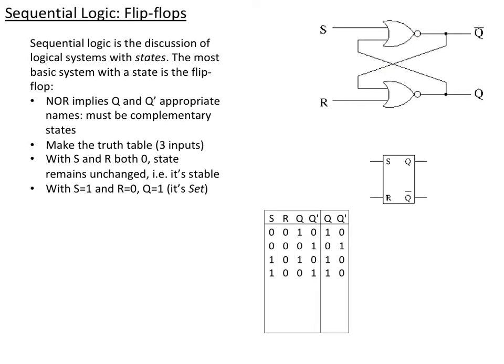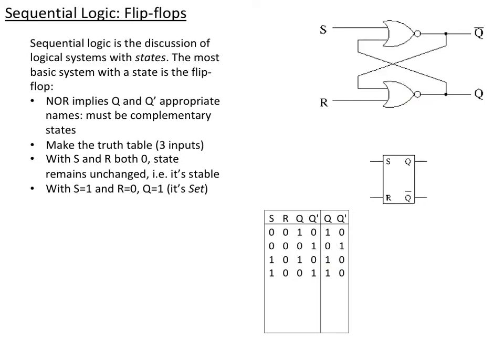So to the next state, what happens when S is brought high, it's a 1, and R is kept low? Let's imagine we're in the state where Q equals 1, so we have 1 and 1 here, so this is still true, and turned off by that, so Q bar is 0. Then we follow Q bar is 0, comes around here, this is 0, this is off, turned on, Q is 1.